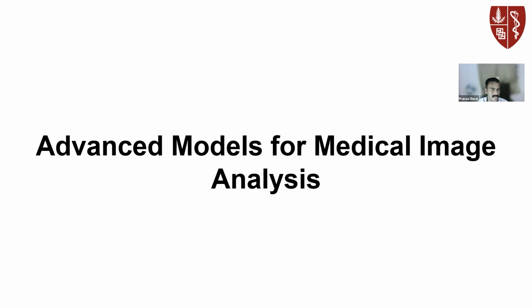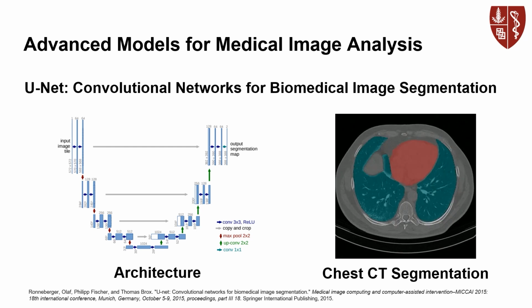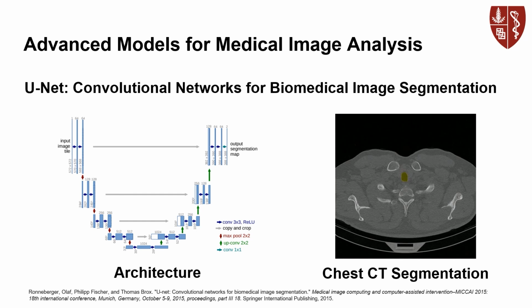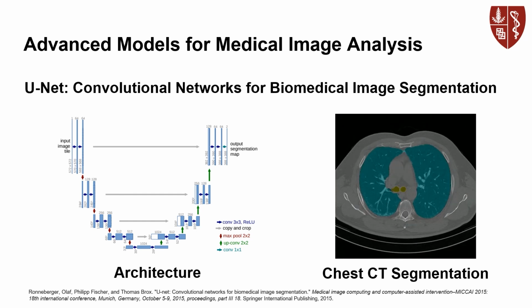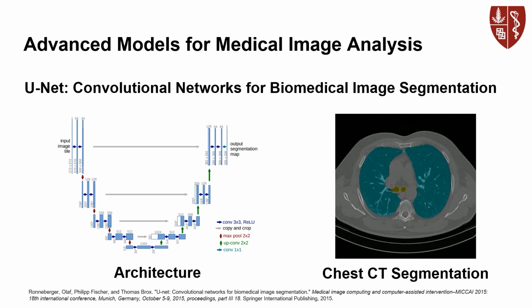All right. So I'd like to talk a little bit about advanced models, specifically for medical image analysis, which means deep learning models which were built specifically for medical image analysis. The first model that I'd like to talk about is called UNet. It's called UNet because of its architecture; the shape of this specific architecture looks like a U. It was built specifically for biomedical image segmentation.